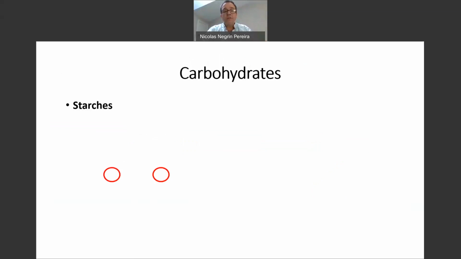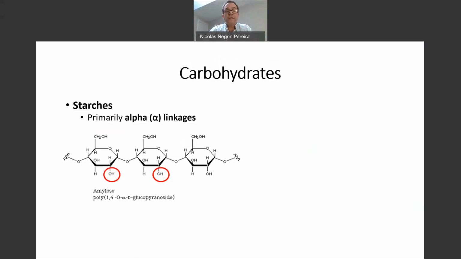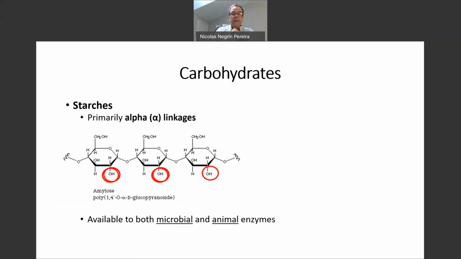In the case of starches, they are primarily formed by alpha linkages. A tip I'm giving you to identify the presence of these alpha 1,4 linkages is to look at the hydroxyl group and see whether its position is down or up.